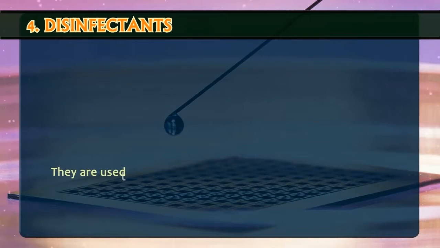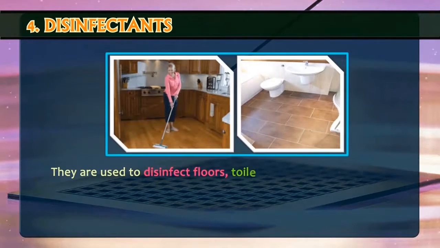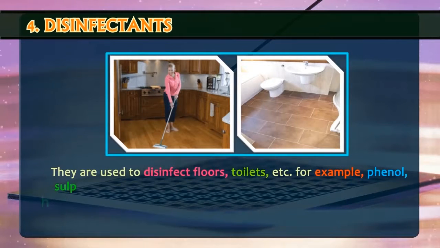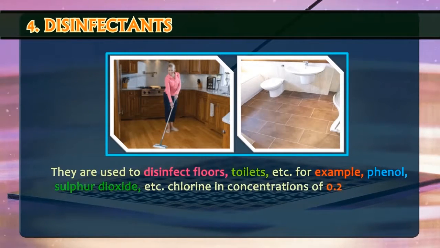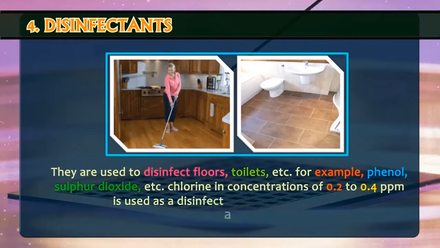They are used to disinfect floors, toilets, etc. For example, phenol, sulfur dioxide, etc. Chlorine in concentrations of 0.2 to 0.4 ppm is used as a disinfectant for drinking water.